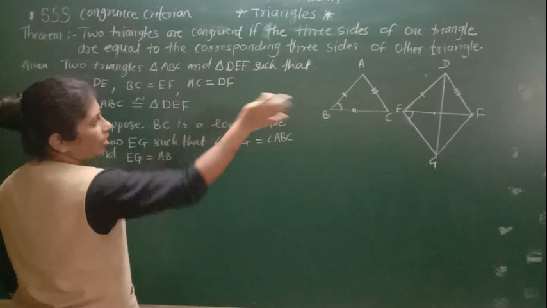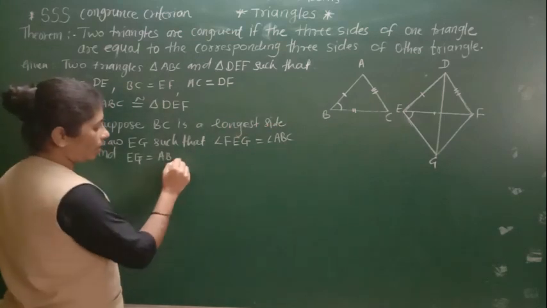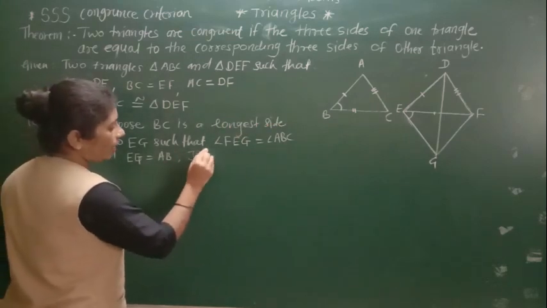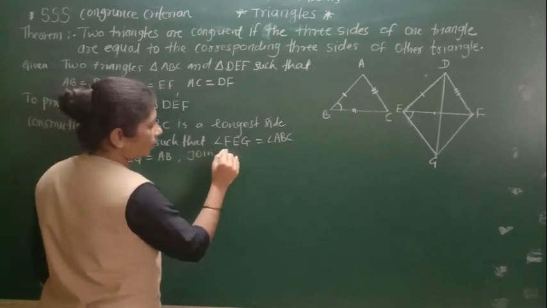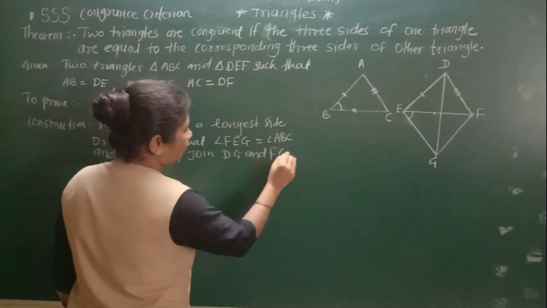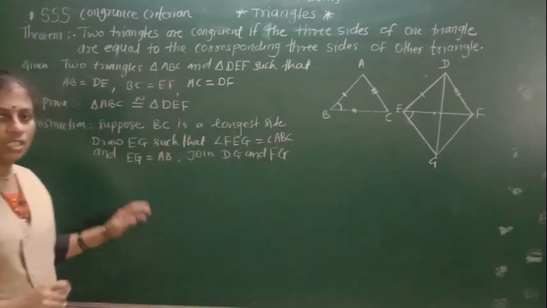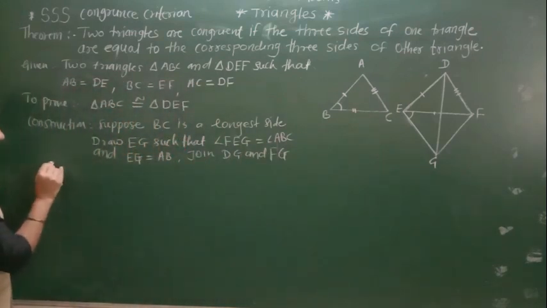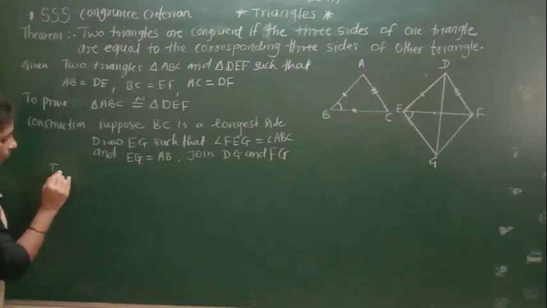These two lengths should be the same. And again, join DG and FG. So this construction we have done. Now we start the proof.